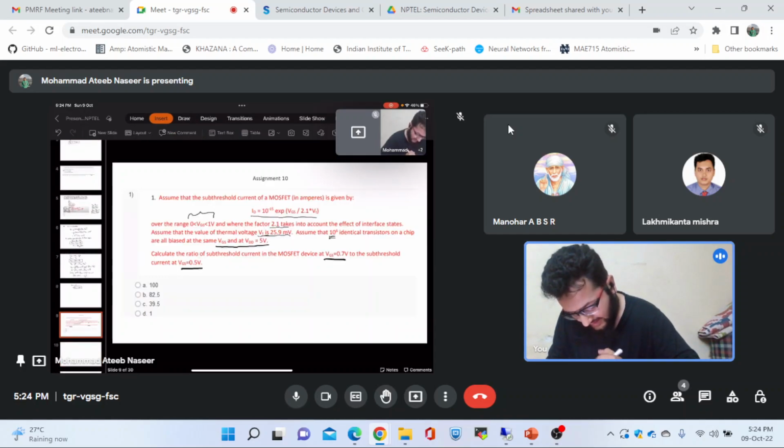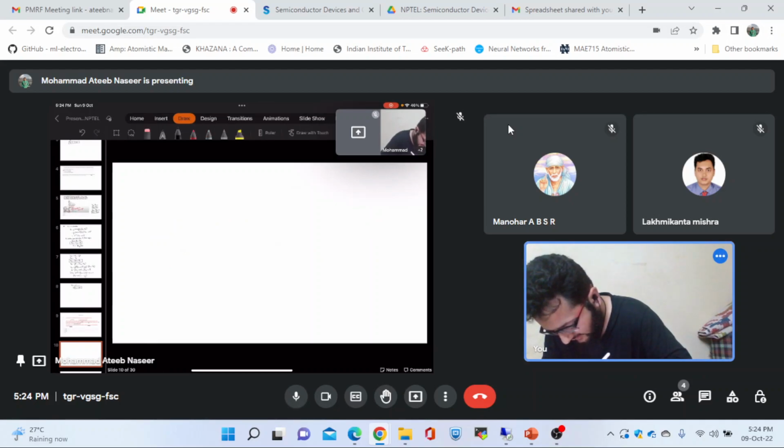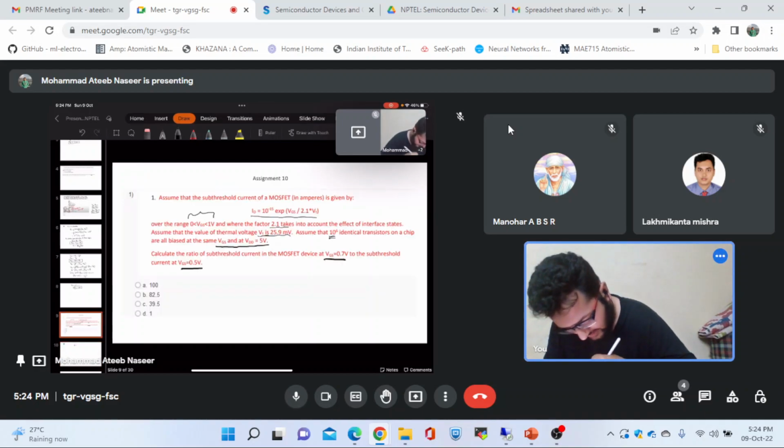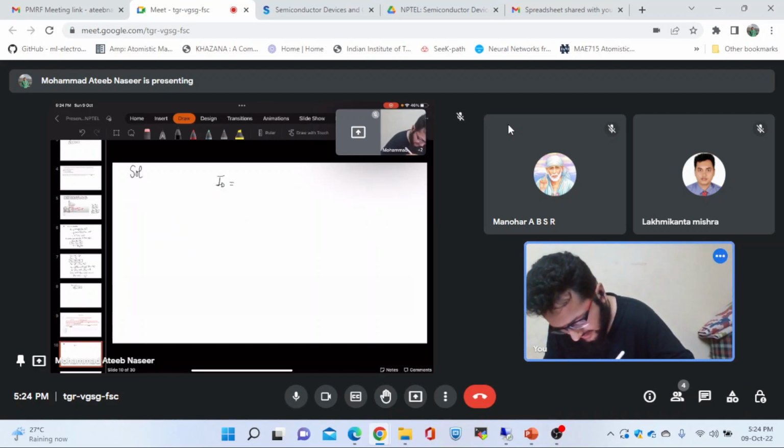This is ID. Let me write down this current equation first. It is ID is equal to 10 to the power of minus 15 exponential of VGS divided by 2.1 into VT. Let me check.